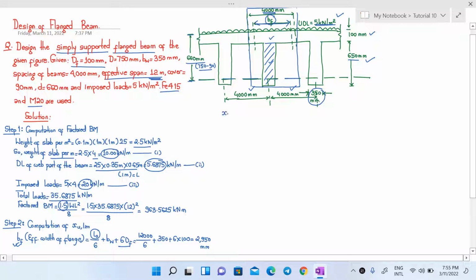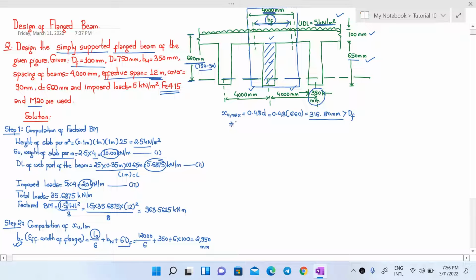Let us find Xu max here. Xu max, as we know, is the limiting depth of neutral axis, given as 0.48 times d for Fe 415 grade of steel. So this is 0.48 into our effective depth, which is 660 here, which comes out to be 316.80 mm. So this 316.80 mm is greater than the value of Df, that is 100 mm.